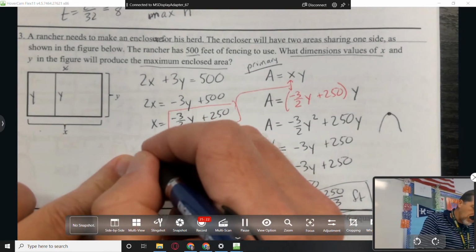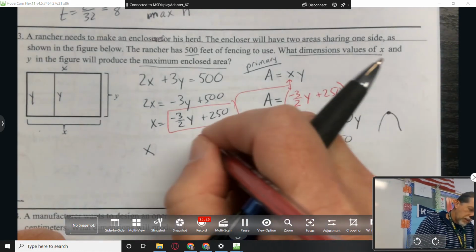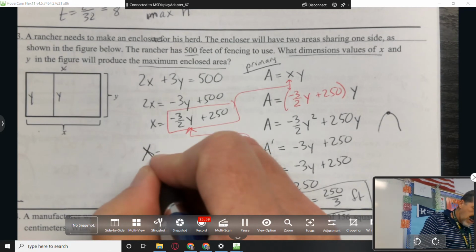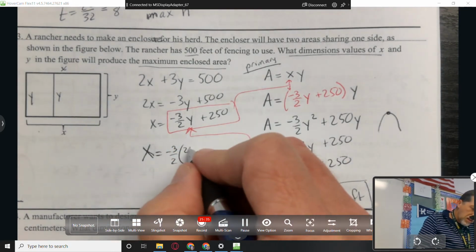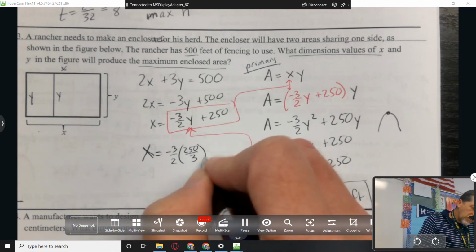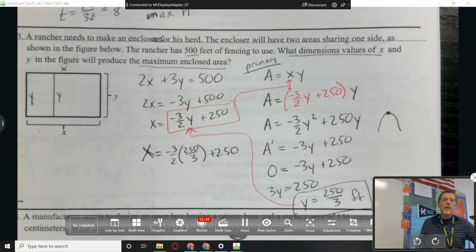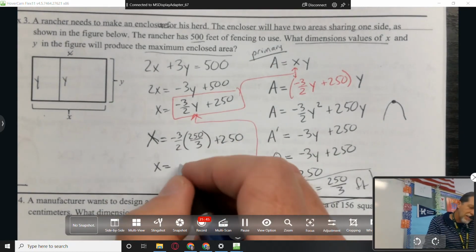I need to go plug this back in to figure out what X is. Negative 3/2 times 250 over 3, plus 250. You could leave it like that and be fine, but this one works out kind of nice.